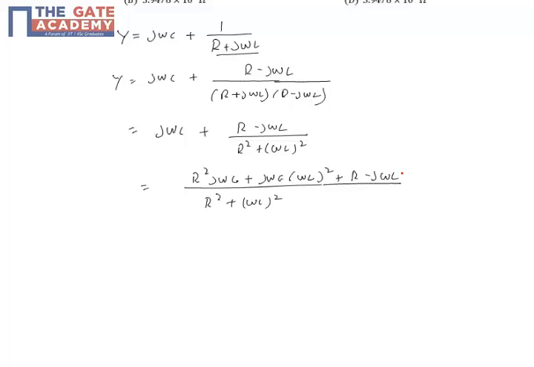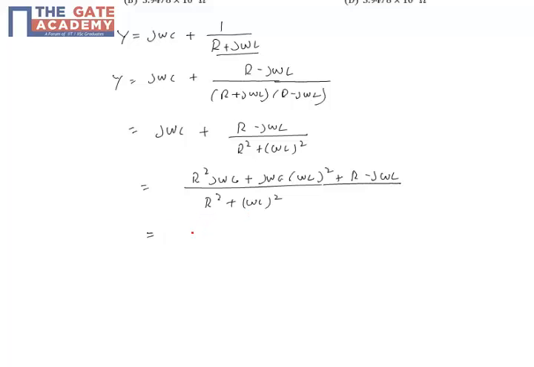Now we have to separate the real and imaginary parts, because at resonance condition the impedance offered by this circuit is purely resistive. Okay, so we will separate these two parts, and the imaginary part is equal to 0.